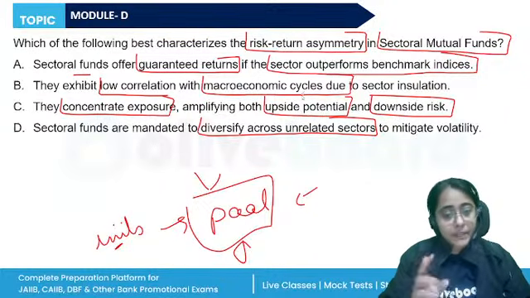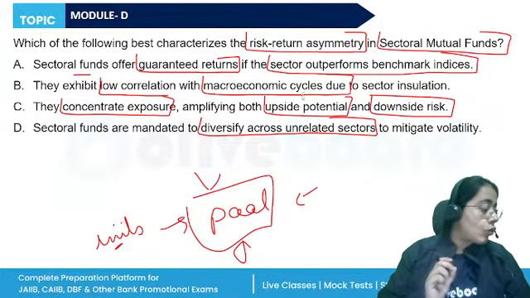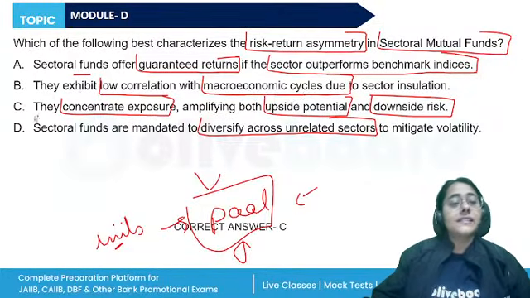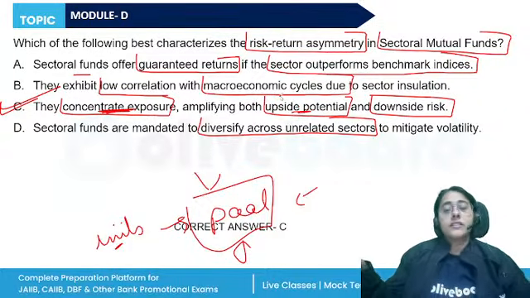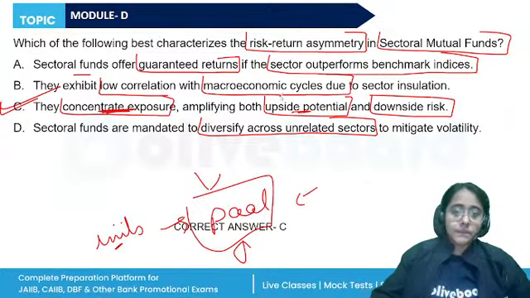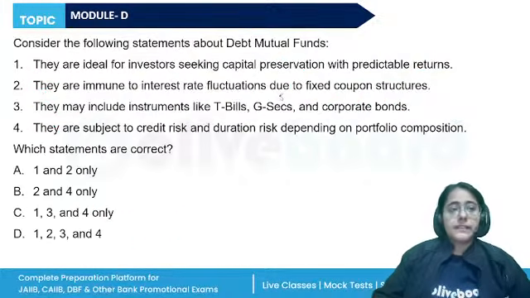The returns are based on the stock performance belonging to the specific sector only. So the correct answer is C. They concentrate the exposure. There is both the potential of higher returns or higher risk. Okay, so the correct answer will be C.